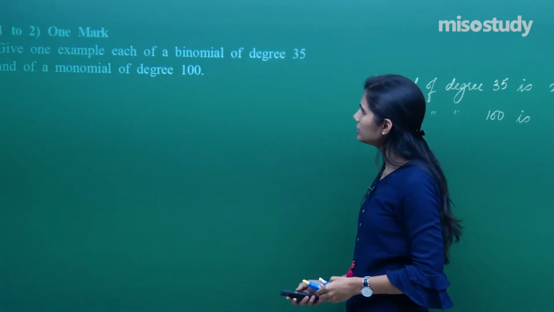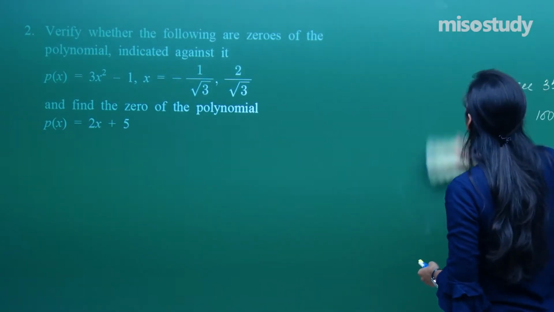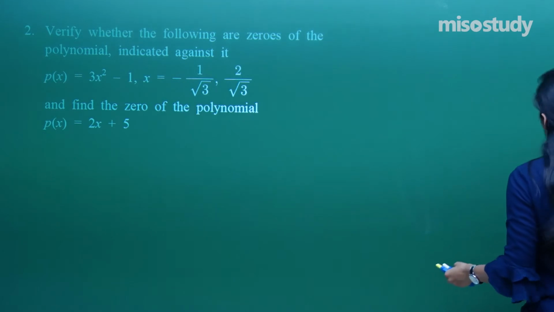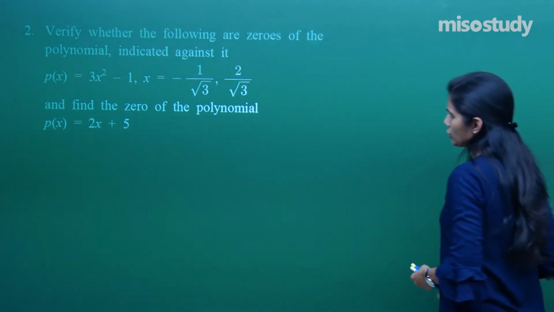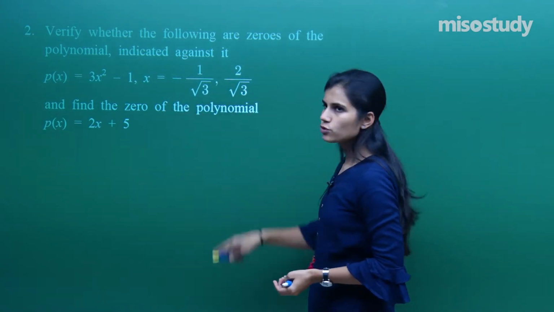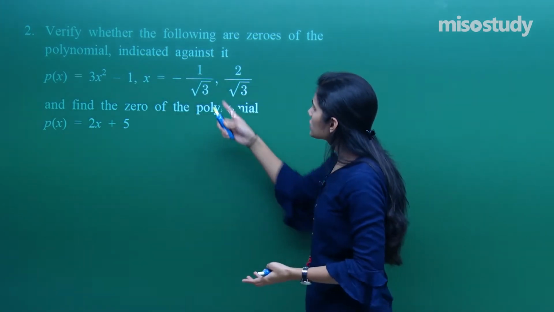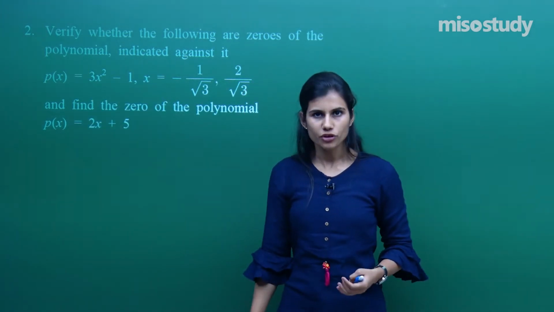Moving to the next one: verify whether the following are zeros of the polynomial indicated against it. So let's see. They are suggesting these two values, x equals minus 1 by root 3 and x equals 2 by root 3, and they are asking whether these values are zeros of this polynomial p(x) or not.